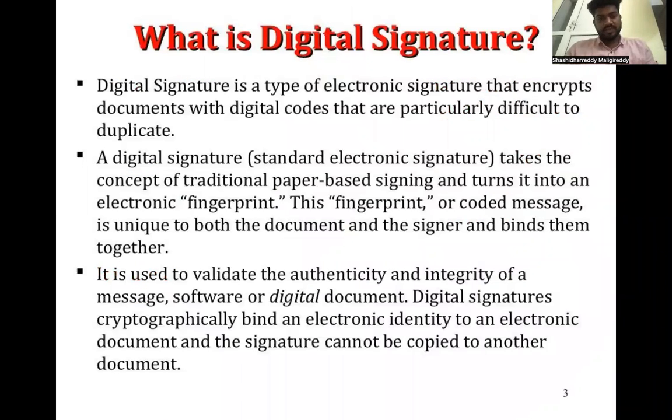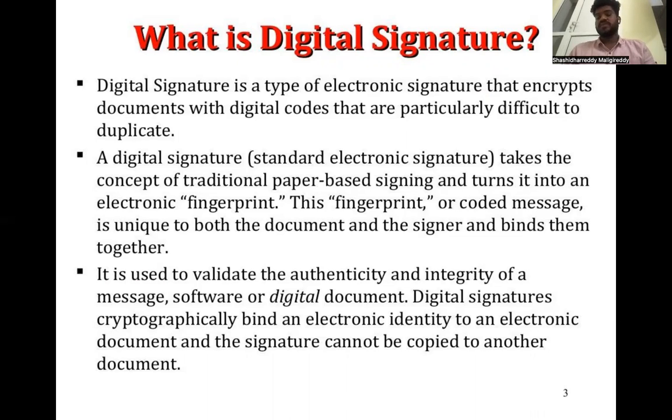So here, generally, we'll see what is a digital signature. A digital signature is a type of electronic signature that encrypts documents with digital codes that are particularly difficult to duplicate. A digital signature takes the concept of traditional paper being signed and turns it into an electronic fingerprint. The fingerprint is known as a coded message.